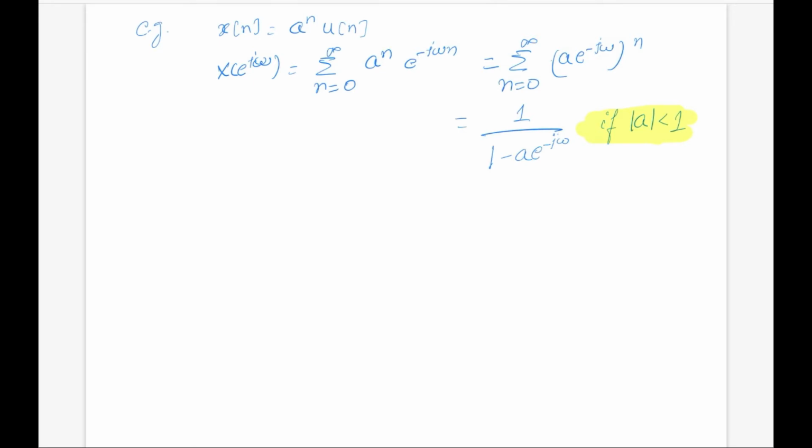So some sequences are not absolutely summable but are square summable. Okay. So there are some sequences which are not absolutely summable, but they are square summable.